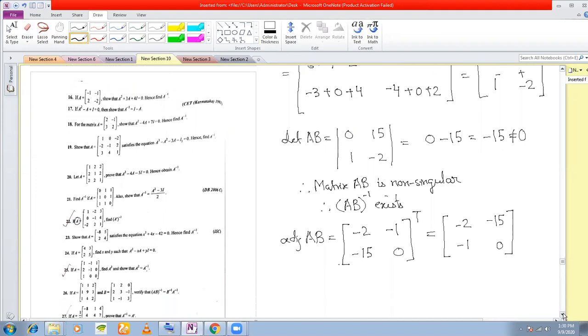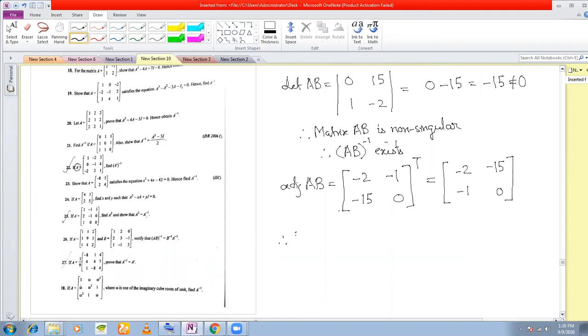So therefore, what is AB inverse? AB inverse is 1 by det AB into adjoint of AB. And det AB we have found as minus 15.